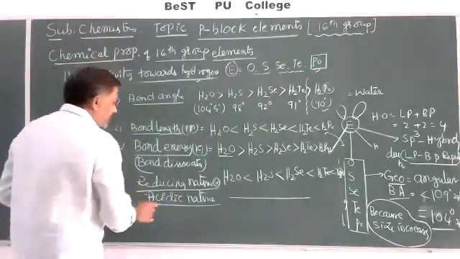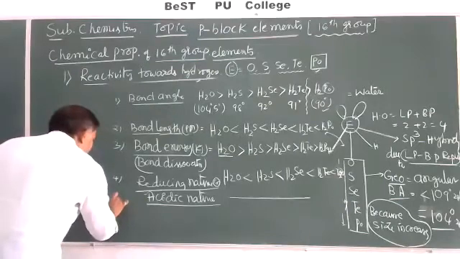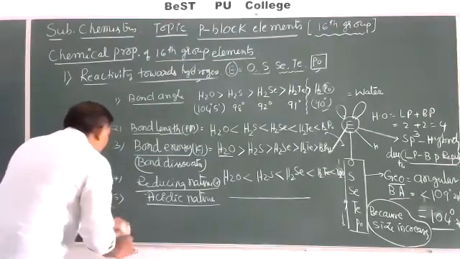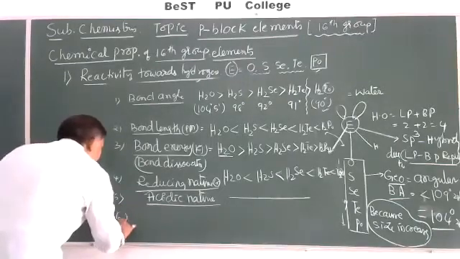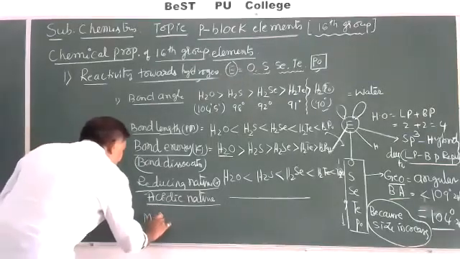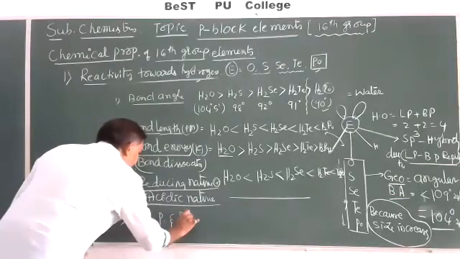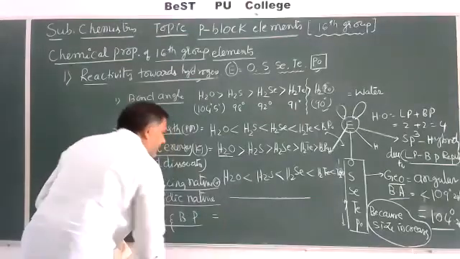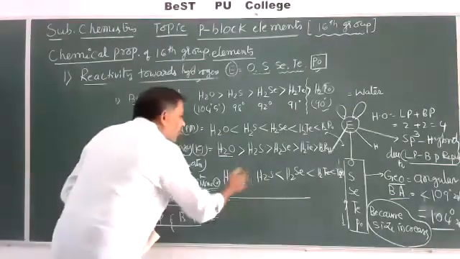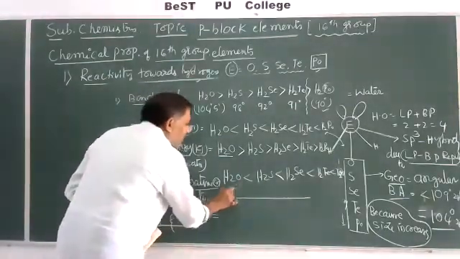Then the next one is boiling and melting points. Here the sixth one is melting points and boiling points. Generally, the melting and boiling points are higher for the water molecule.